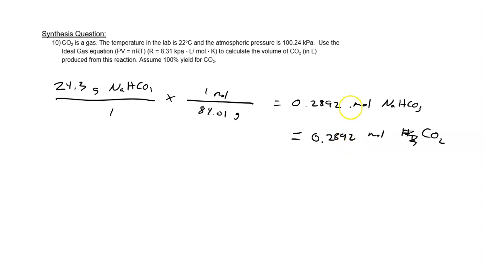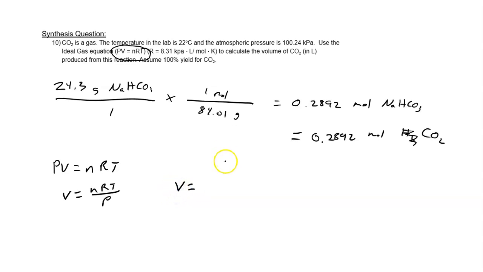Okay? Because that 1-to-1 ratio. Now, the synthesis part here is, hey, let's go back to our ideal gas law, which is PV equals nRT: pressure, volume, moles, gas constant, temperature in Kelvin. So we can rewrite that. I'm solving for V equals nRT over P. So now I just substitute values in.